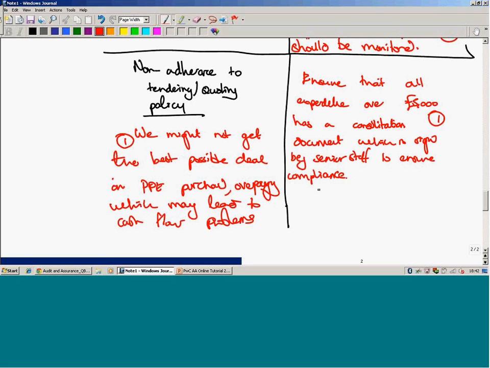The potential code we might have in place is to implement a full tendering committee to deal with purchasers.